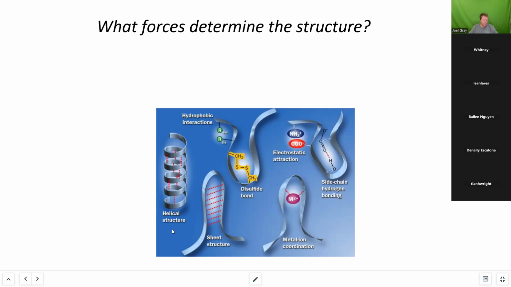Now, the helical structure is one of the secondary structural elements. Another very important secondary structural element is known as a beta sheet. So alpha helices and beta sheets are your two major secondary structures. Now, you can see those are hydrogen bonds that stabilize those.